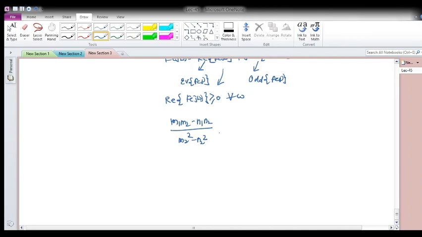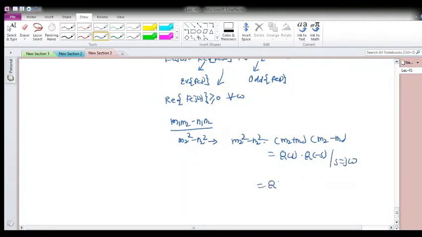First let us check the denominator part, m2 of s square minus n2 of s square, which I can write as (m2 of s plus n2 of s) into (m2 of s minus n2 of s). This gives one polynomial in q of s, and the other in q of minus s.